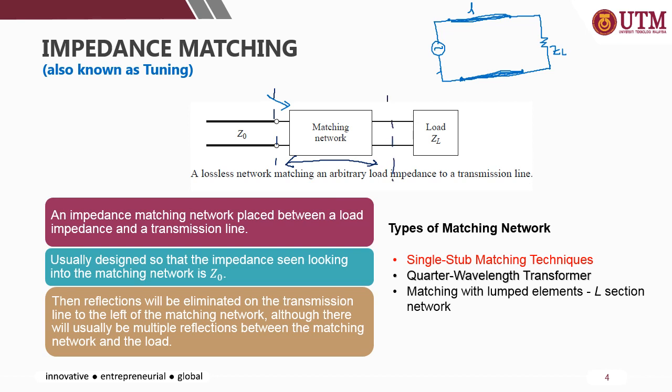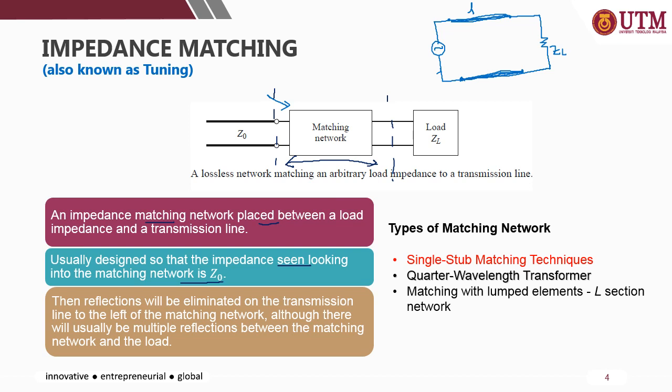Okay, there are three types of matching network: single-stub matching, quarter wavelength transformer, or lumped elements or L-section network. As mentioned, the impedance matching network is introduced in between the load and the transmission line, and the matching network parameters are usually designed so that the impedance seen looking into the matching network is Z0.